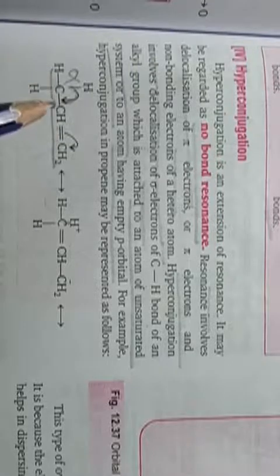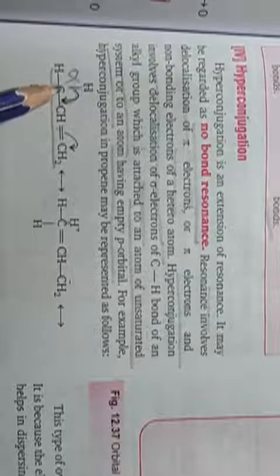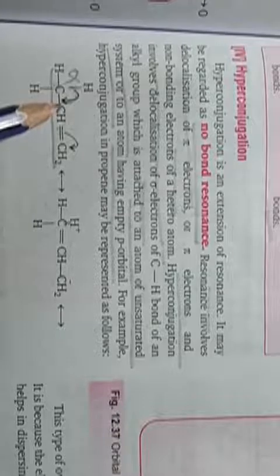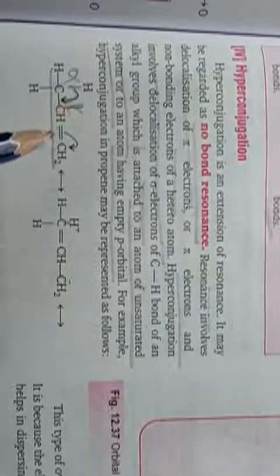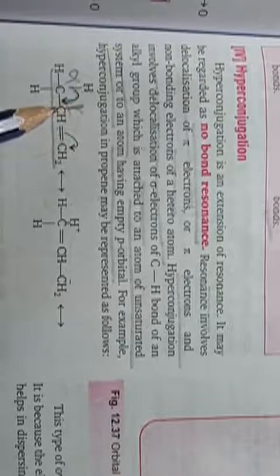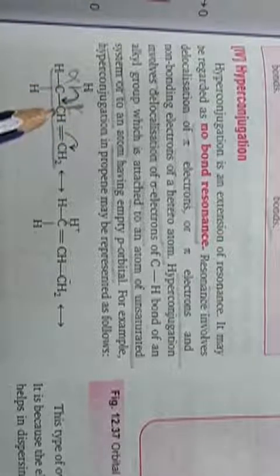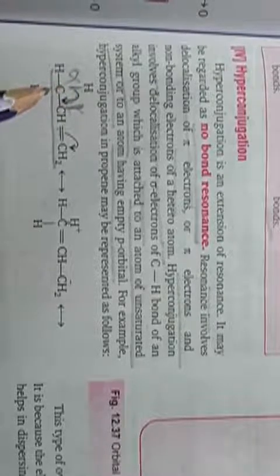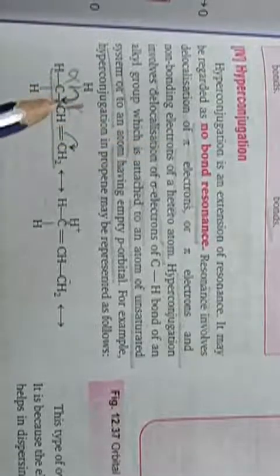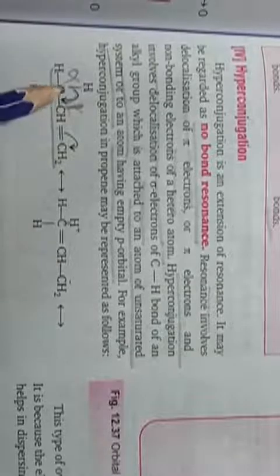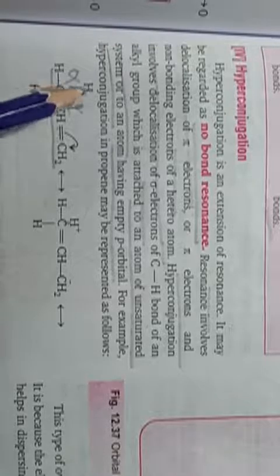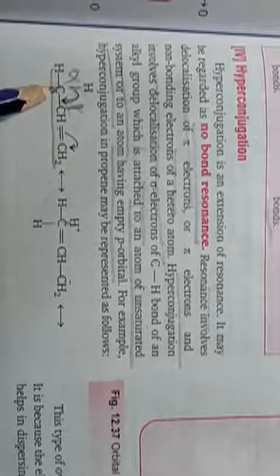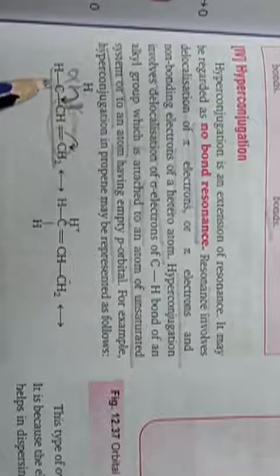Okay students, so this is the alpha position because this carbon is attached to this carbon, and this carbon is the central carbon because it is attached to the double bond. So the adjacent carbon of this carbon will be known as alpha carbon. So hyperconjugation is shown by compounds in which alpha carbon hydrogen bonds are present. Alpha carbon hydrogen bond means carbon with hydrogen at the adjacent carbon of the active site.